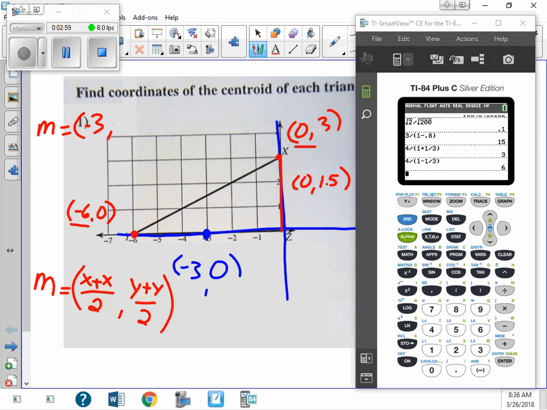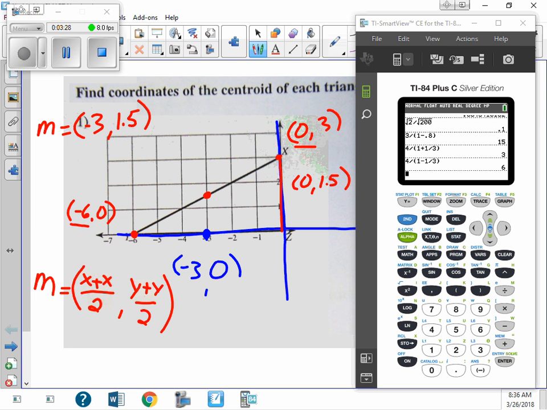Now let's add the y's together. 0 plus 3 is 3 divided by 2 is 1.5. That's the midpoint. So -3, 1.5 is right here. Okay? Does everybody see that?